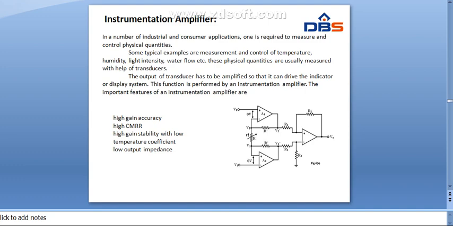So the purpose of the instrumentation amplifier is, in industrial applications, it is required to measure and control physical quantities like humidity, light intensity, water flow, etc. To measure these physical quantities, we are using transducers. The output of the transducer is low, so to amplify those low level signals, we are using instrumentation amplifiers.